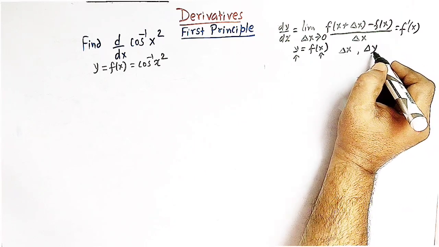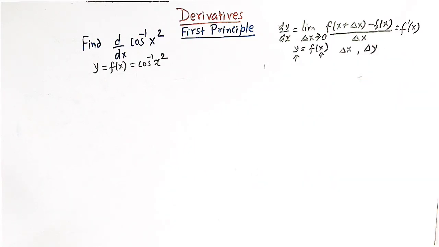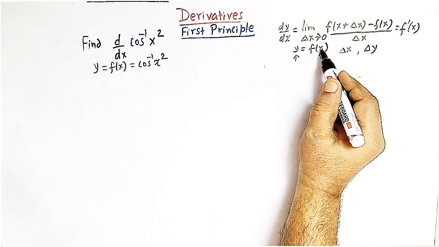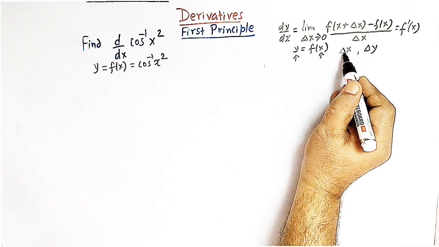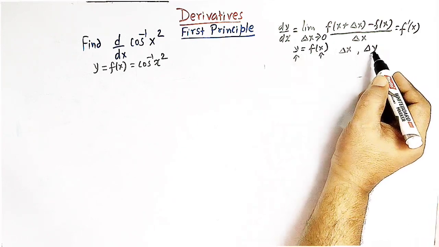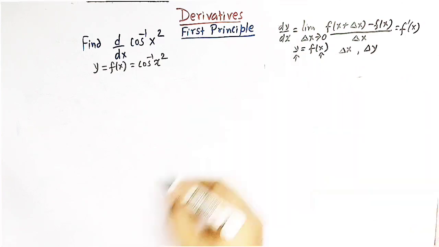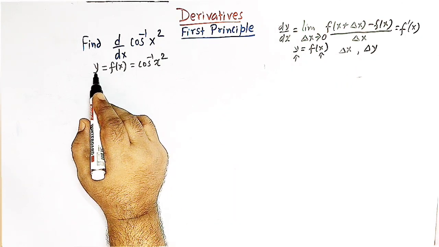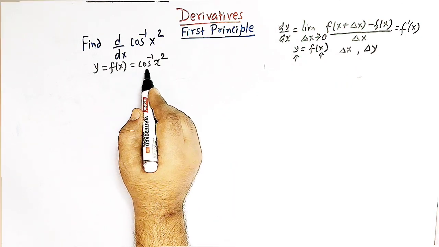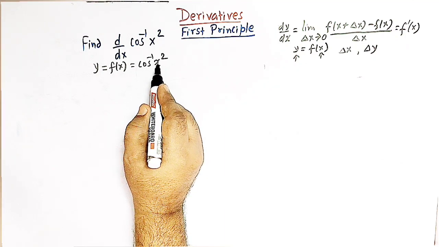So delta x and delta y are very small increments, delta x in the independent variable x, and delta y in the dependent variable y. So we have y is equal to f of x is equal to cos inverse x square.